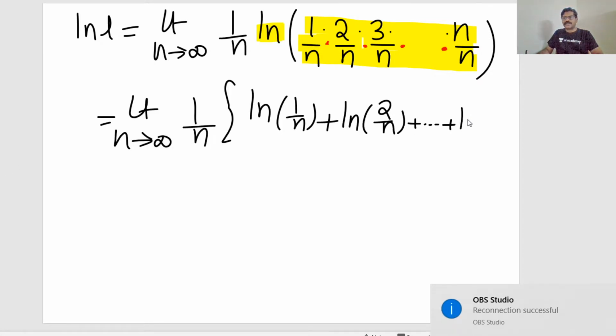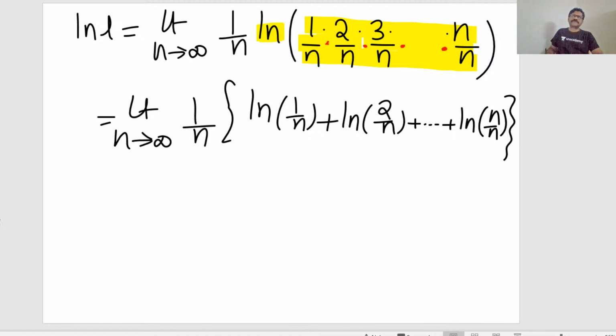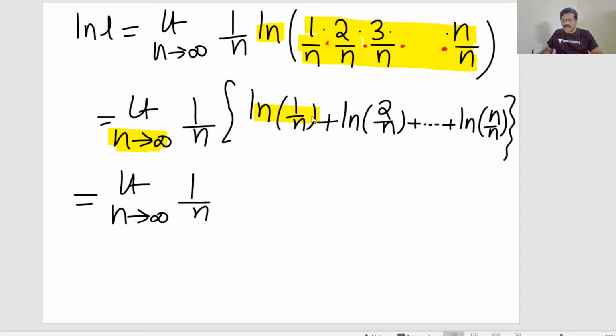So log 1 by n plus log 2 by n plus and so on, log n by n. Now this can be written as limit n tends to infinite 1 by n. Here when n is very large, log 1 by n, log 2 by n, log n by n, the step length is very less.